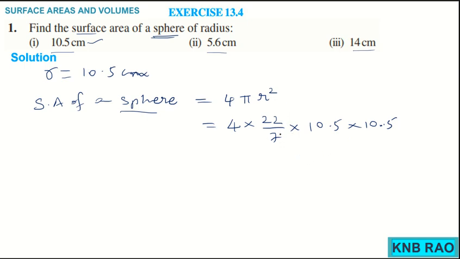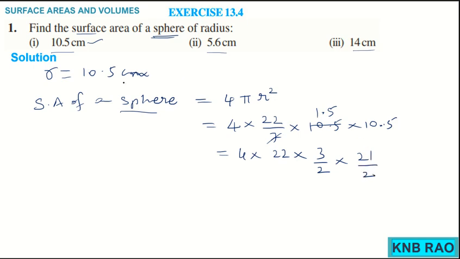Now, here 7 ones are 7 and 3 comes here, 7 fives are 35. So, 7 cancels this 10.5, whereas now 4 into 22, where 1.5 can be written as 3 by 2, 10.5 can also be written as 21 by 2.